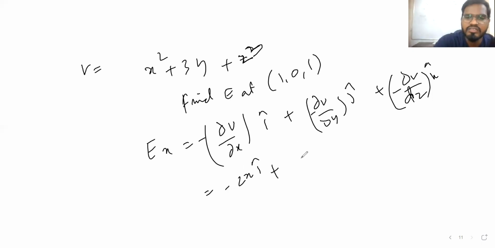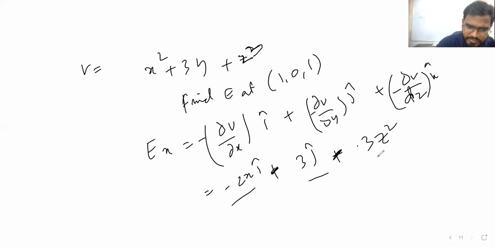Then minus of 3 j cap, and then minus of 3z square k cap. So all the minuses we took. So by this way we can say E is minus 2x i cap minus 3 j cap minus 3z square k cap. So by this way we can find it.